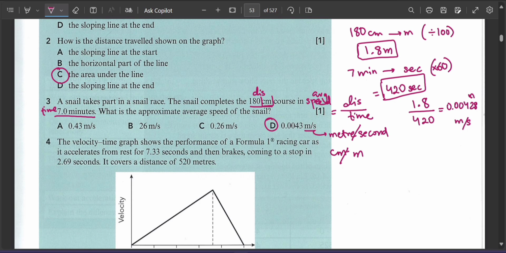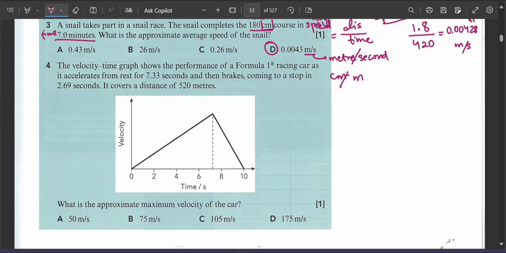Question number 4, the velocity time graph shows the performance of a Formula 1 racing car as it accelerates from rest for 7.33 seconds and then brakes to a stop in 2.69 seconds. It covers a distance of 520 meters. What is the approximate maximum velocity? Okay, maximum velocity of the car.